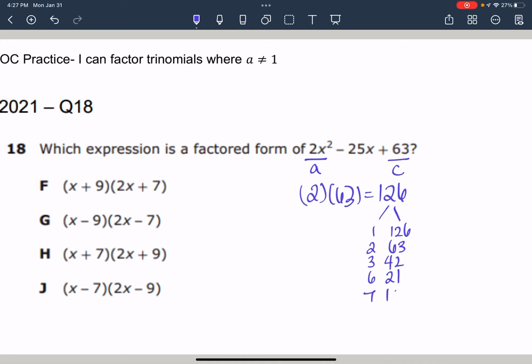7 and 18. And since 126 is positive and b is negative, we know we need two negative factors. So we're going to put a negative sign on all these factors and see which set gives us the correct sum, which is negative 25. And that's actually negative 7 and negative 18. So when we write this out, this is going to be 2x squared minus 18x minus 7x plus 63.